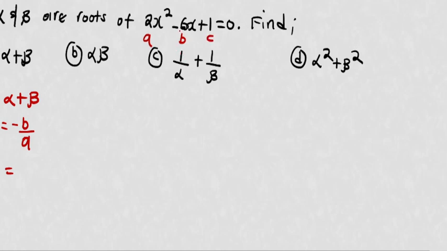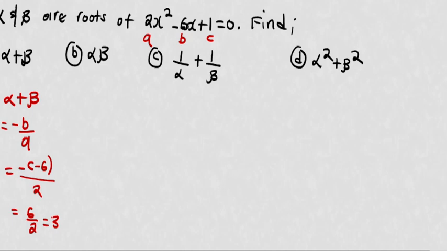So our b is negative 6, so this is going to be negative, open brackets, negative 6, close brackets, over the value of a, which is 2. Negative times negative is positive 6 over 2, and positive 6 over 2 we get a 3.